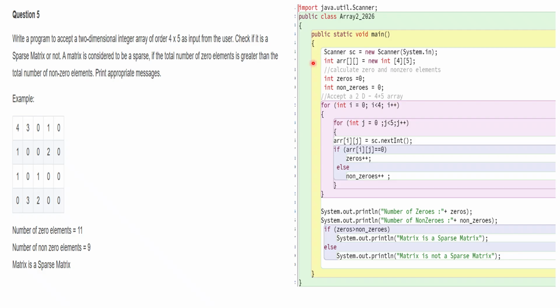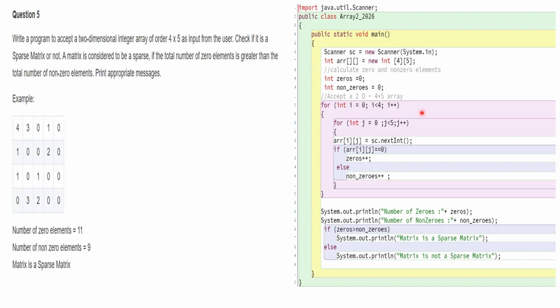After this entire reading of the array of 4 into 5 size, you will just print the number of zeros, print the number of non-zeros. If zero elements are greater than non-zero elements, then you will print this is a sparse matrix, else it will not be a sparse matrix. Hope you have understood the program, how we have converted it.